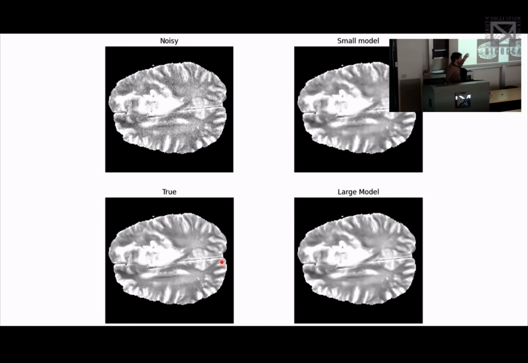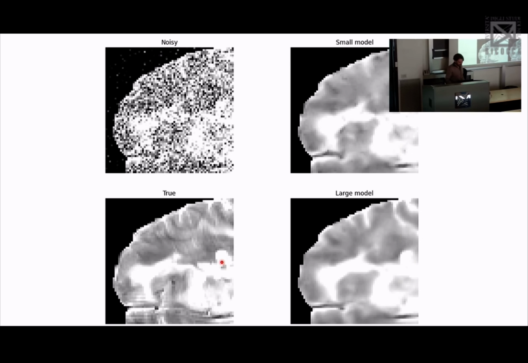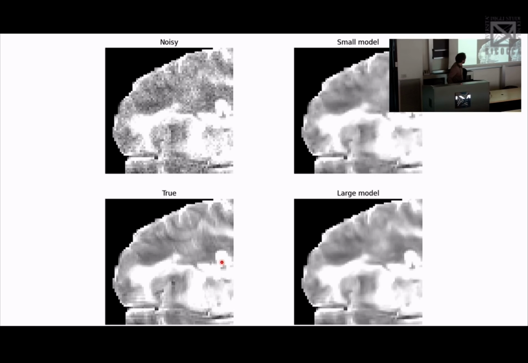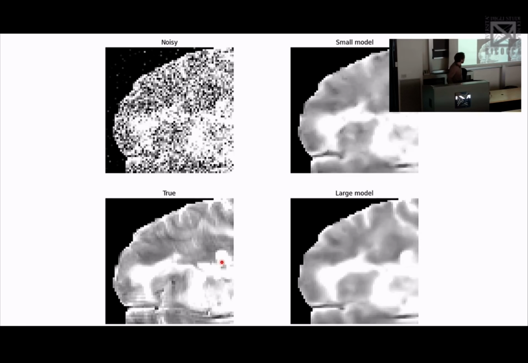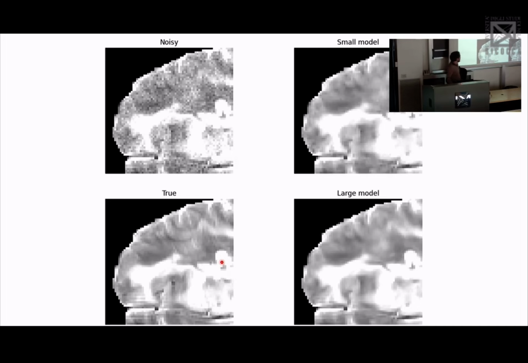Of course, I'm using some unseen images to test it. And you can see better on the zoomed-in version what I was saying about the spatial resolution, the better amount of details that you get when you get to the lowest input noise.